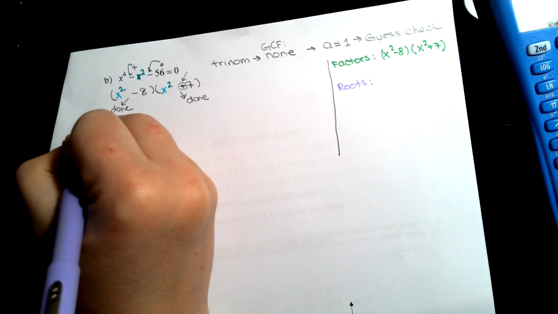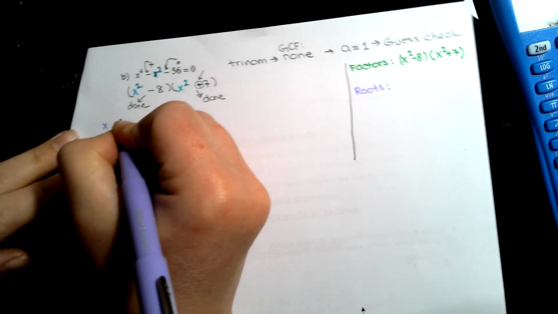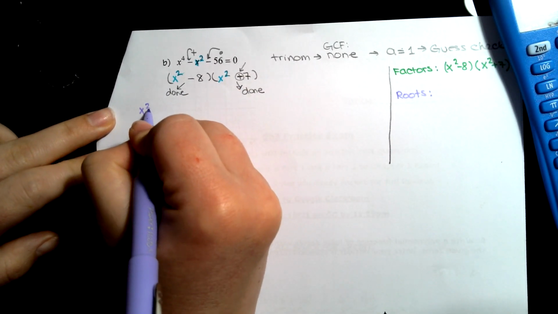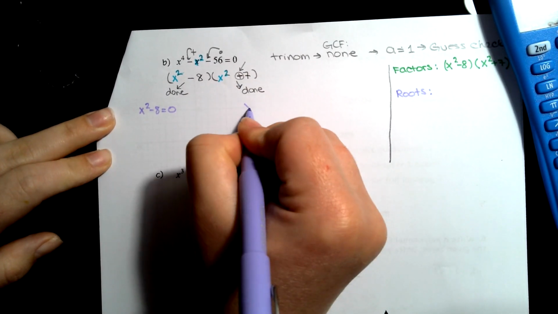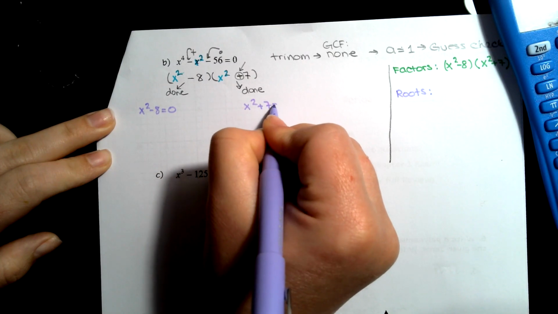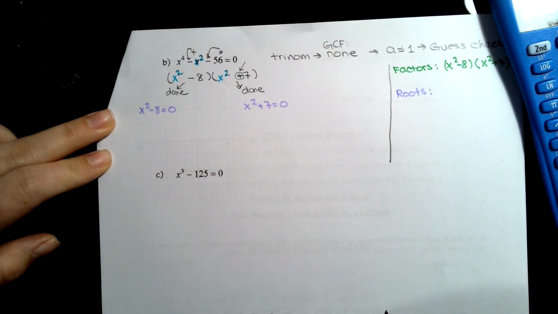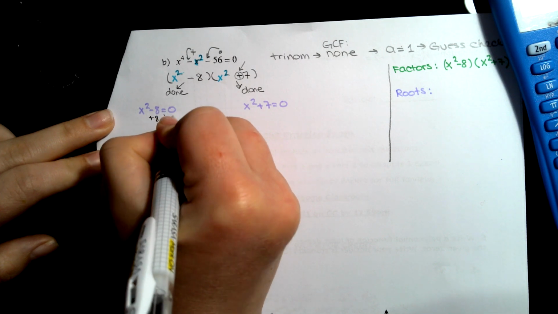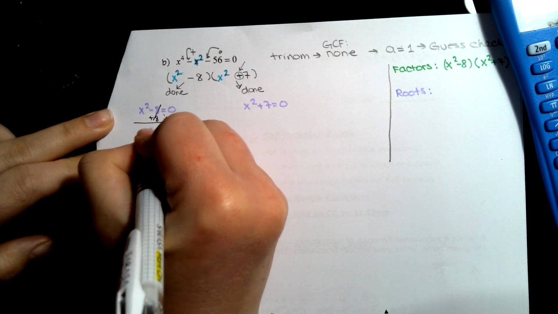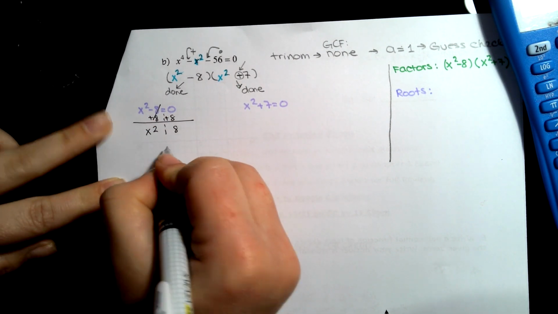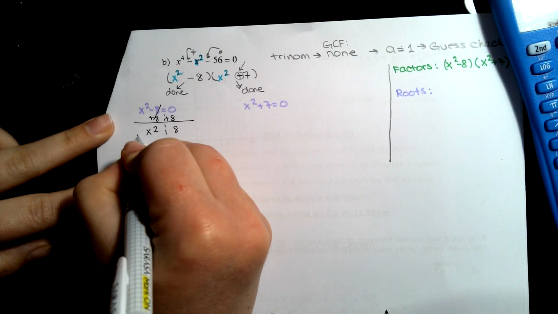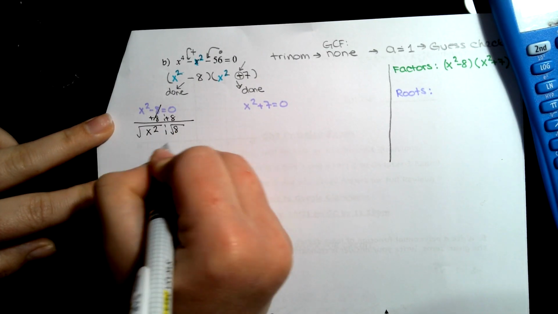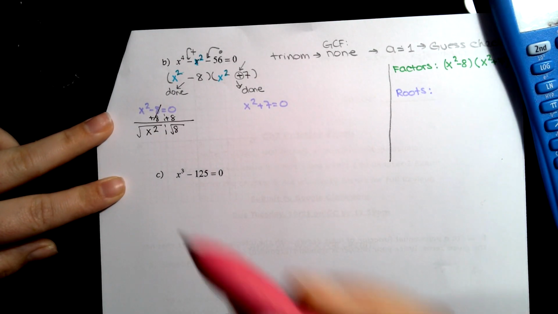Now for our roots, I need to set each one of these factors equal to 0 and solve. So I'm going to add 8 to both sides. x squared equals 8. So I need to take the square root. Remember, when you take the square root, it's very important.